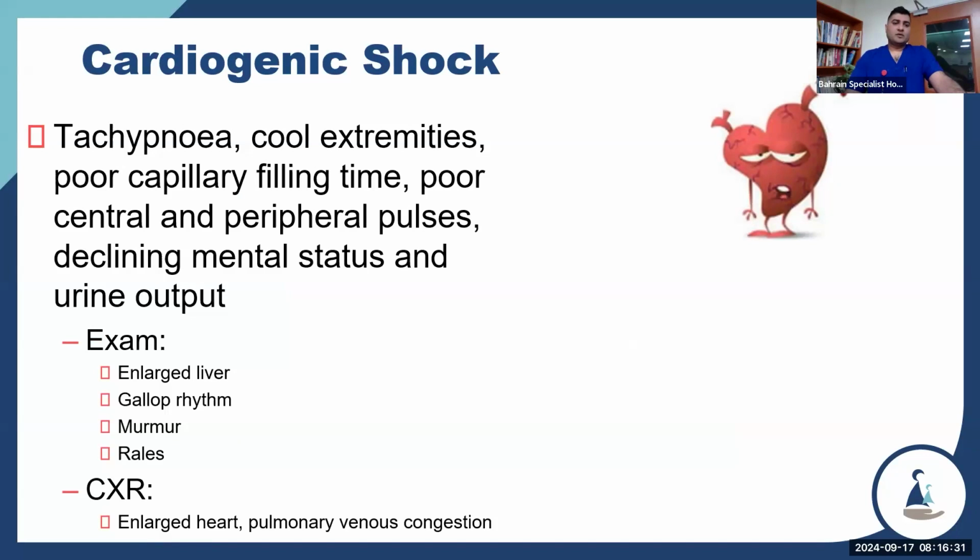You will have tachypnea, poor extremities, poor capillary filling time, poor central and peripheral pulses, and declining mental status and urine output. On examination, you will have an enlarged liver, gallop rhythm, murmur, and rales. If a chest X-ray is obtained, you will see an enlarged heart and pulmonary venous congestion.